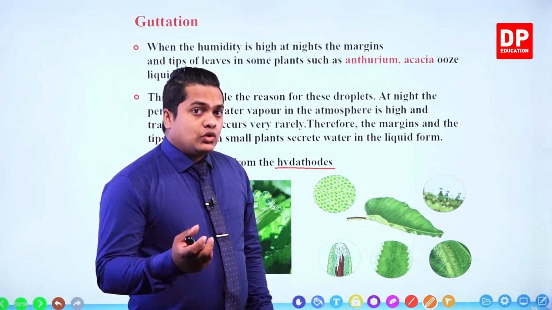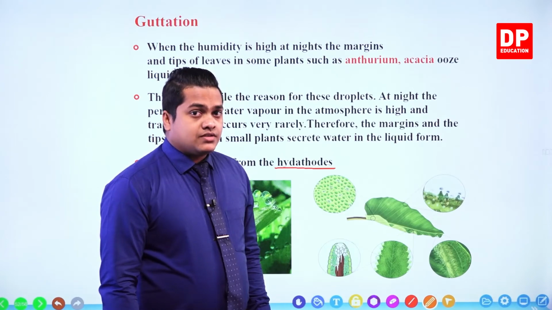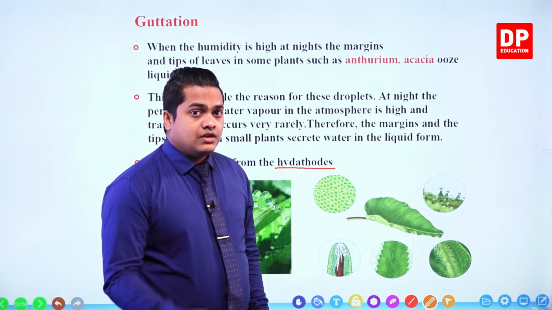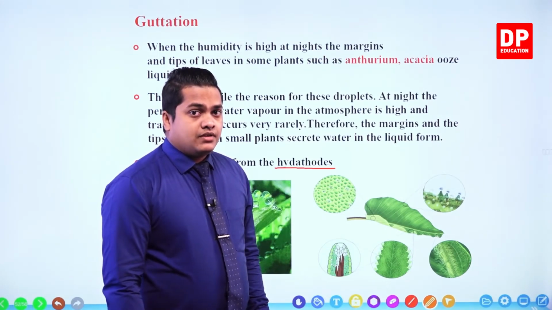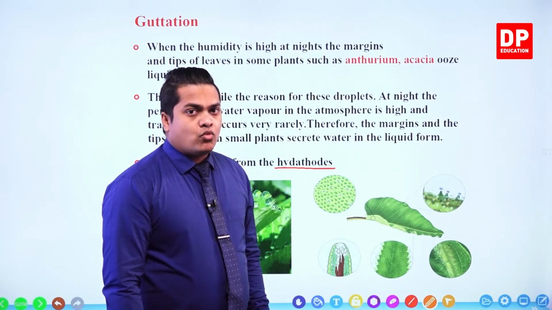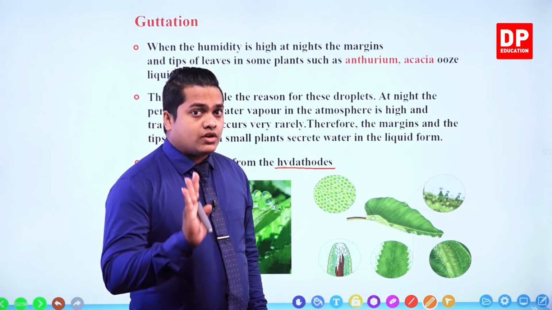So if you observe the tip of those plants after one night, early in the morning, definitely you can observe the tip contains some amount of liquid water, not water vapor, but liquid water droplets.